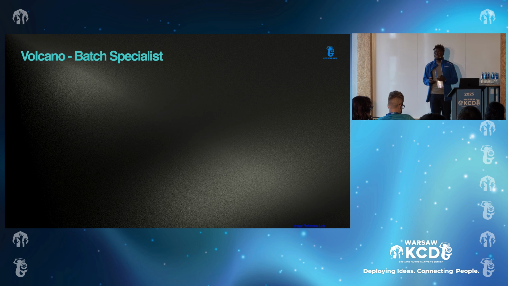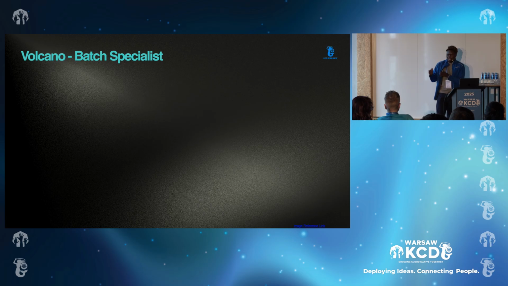Volcano has basically components. We have the Volcano admission controller, we have the Volcano scheduler itself, we also have the Volcano controller manager, and finally we have the Volcano vcctl command, which is like a CLI command that you use. Now, the interesting thing about Volcano is that you can see the controller manager in a similar way to the Kubernetes controller manager, right?